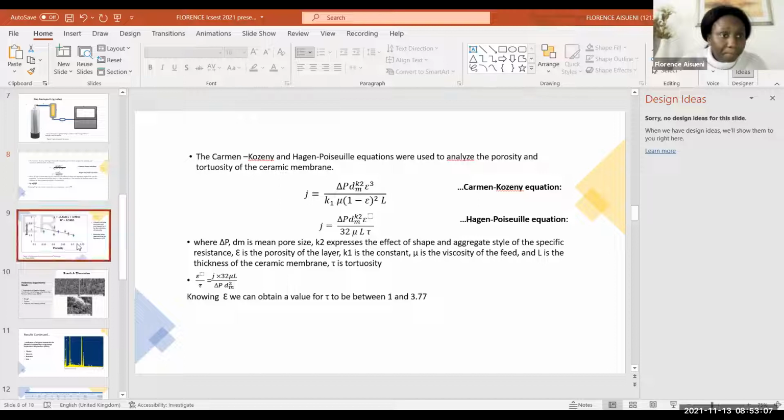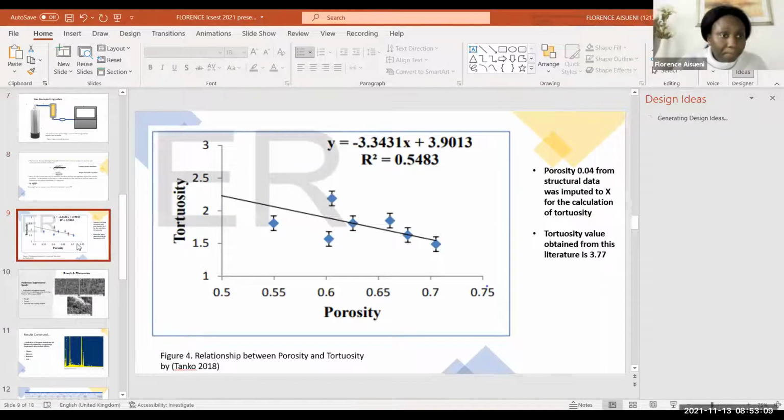This is the literature that I'm talking about. We inserted porosity that was generated from the lab to calculate tortuosity. Aside from that, we also used the Hagen-Poiseuille equation to calculate tortuosity to confirm its accuracy.